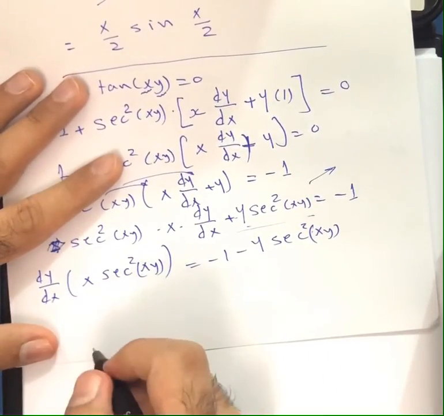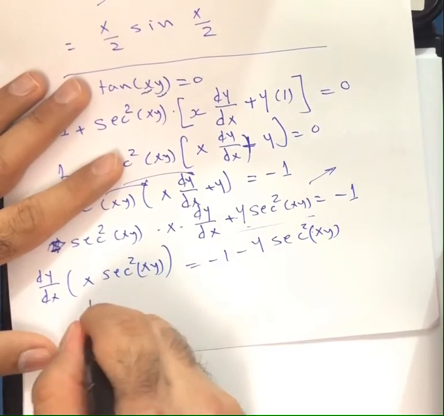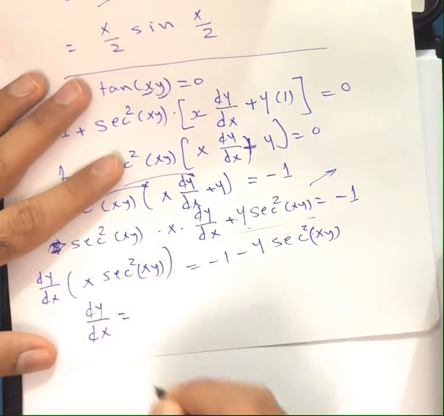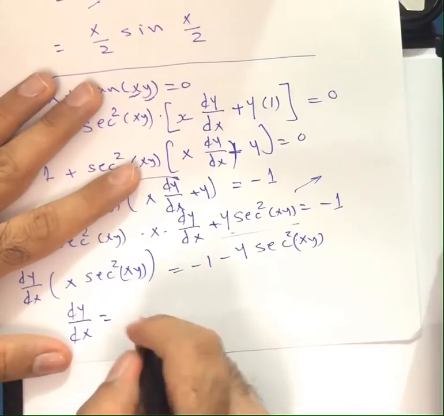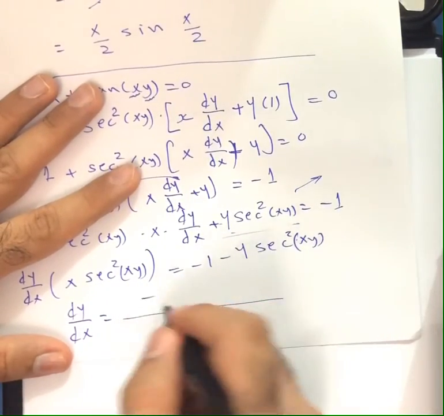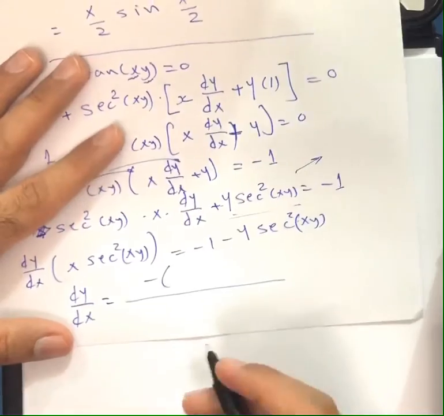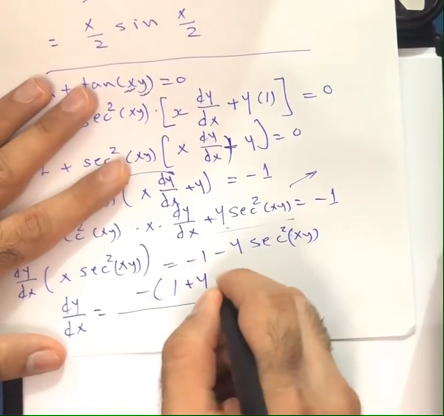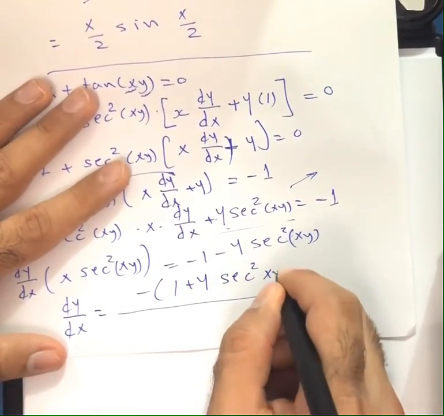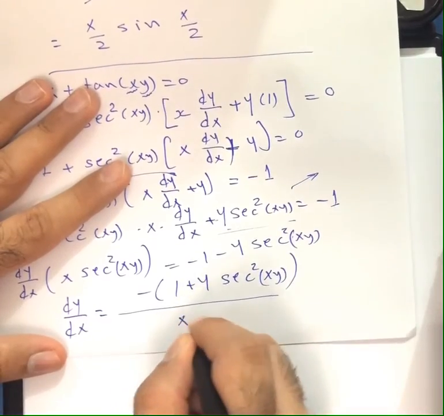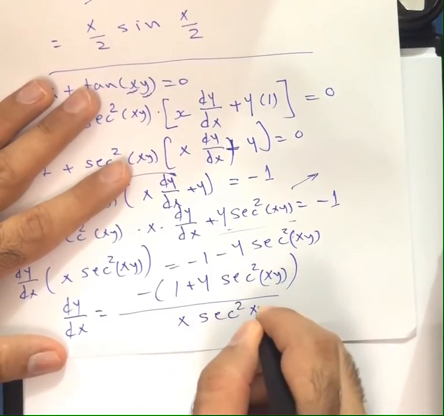Now it is possible to write this like this: dy by dx equal to minus, the negative sign can be taken as a common, 1 plus y sec square xy divided by x sec square xy.